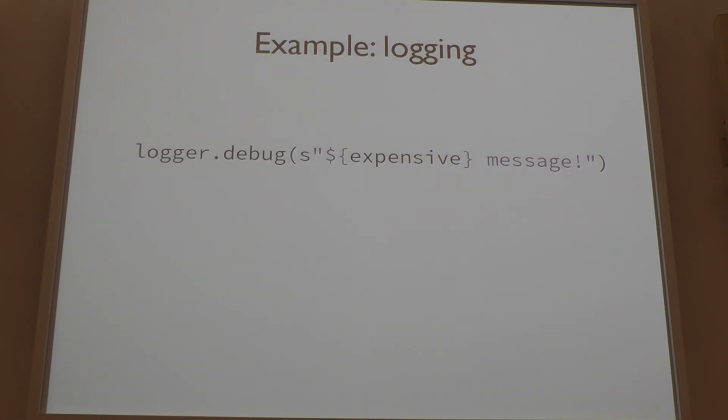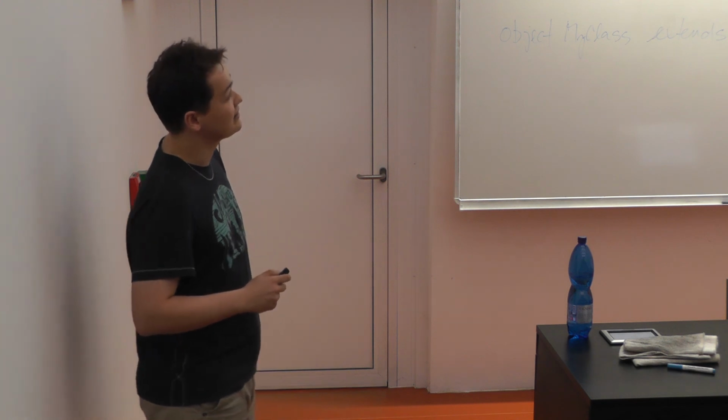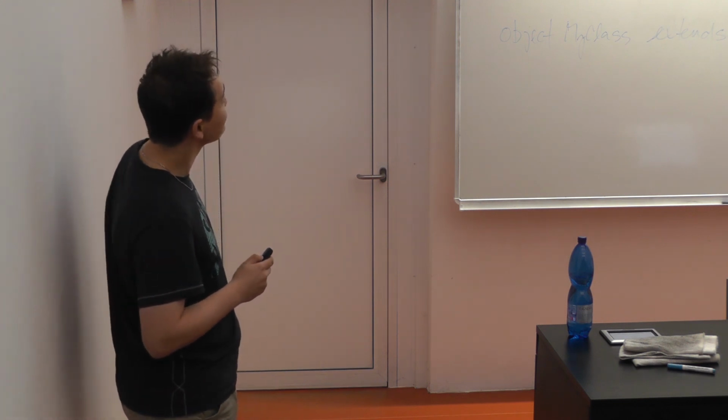And there are many more things you could use macros for. For example, they are used in the Slick library for database access. It's the newest library from Typesafe, and in the future I think they will offer us much more.